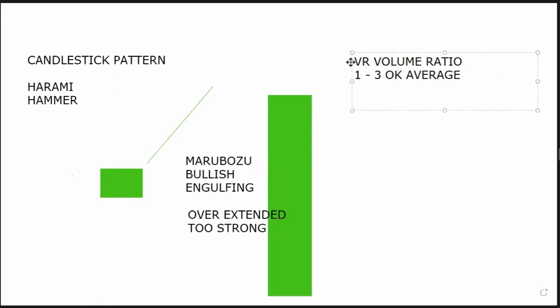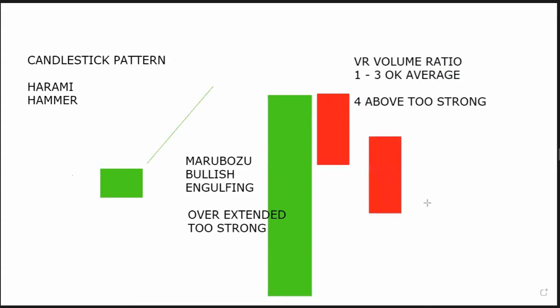If the VR value is greater than 4, or 4 above, then it's too strong, and there is a high probability that it will pull back. This kind of candlestick is too bullish, too strong, so we expect it to pull back. The next day you will see it pull back, so you won't make a best entry.